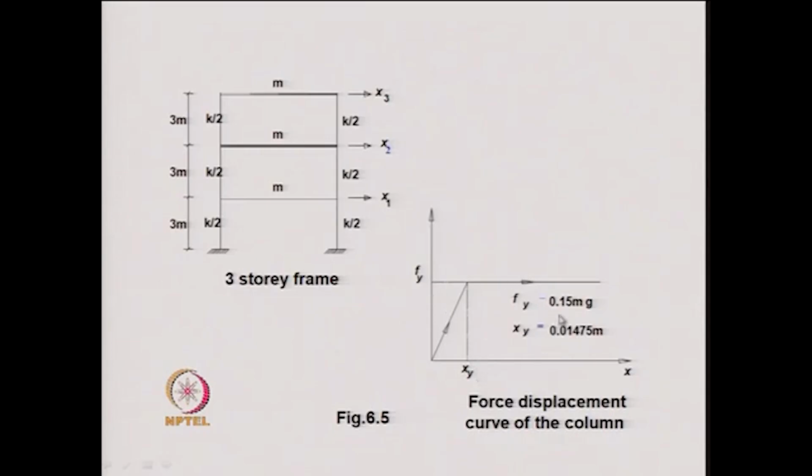Fy is given as 0.15 mg, where m is the mass of the system, and Xy, the yield displacement, is 0.01475 meter.